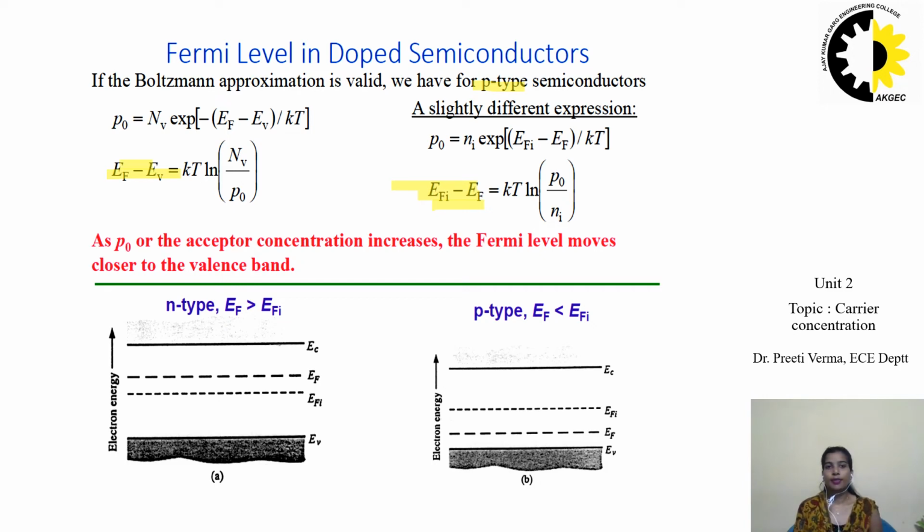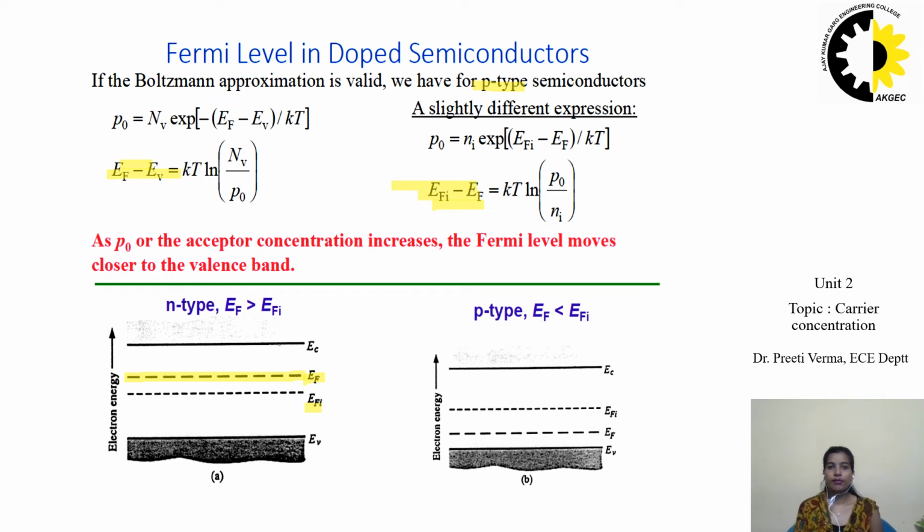So as p0, or the acceptor concentration, increases, the Fermi level moves closer to the valence band. For N-type, we have the Fermi level above the intrinsic Fermi level. So the Fermi level for an N-type material is towards the conduction band.